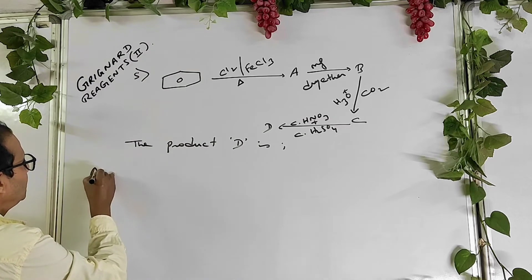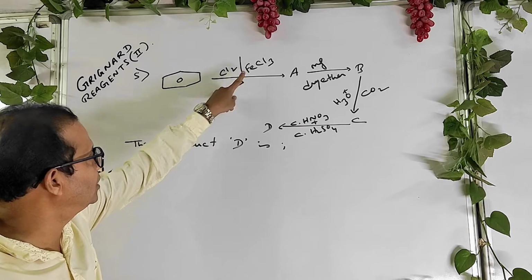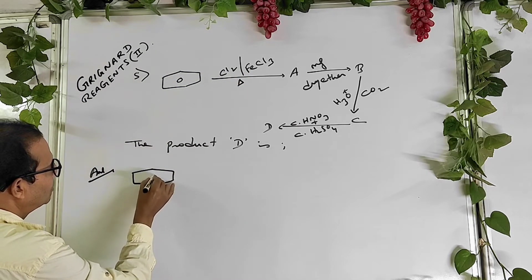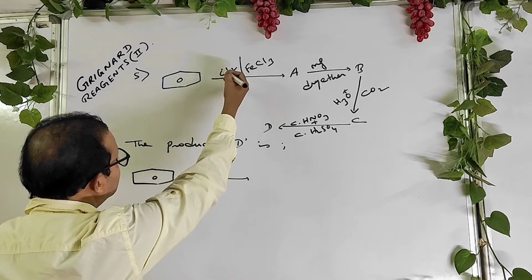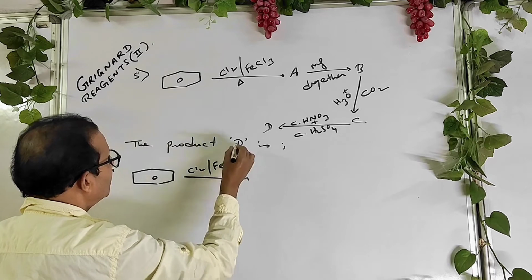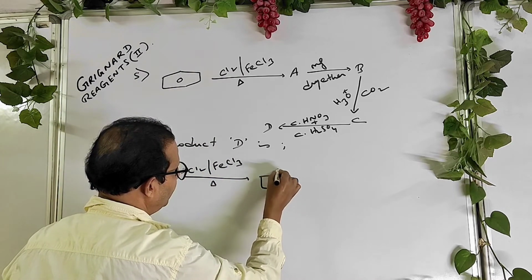So the answer: this is a chlorination reaction. When benzene reacts with chlorine in presence of ferric chloride, Cl group is introduced here. So you get chlorobenzene.